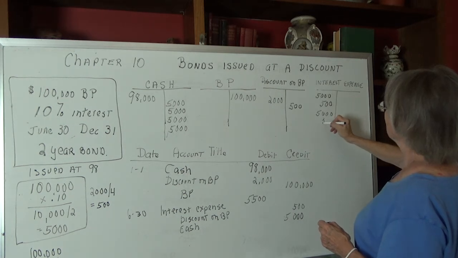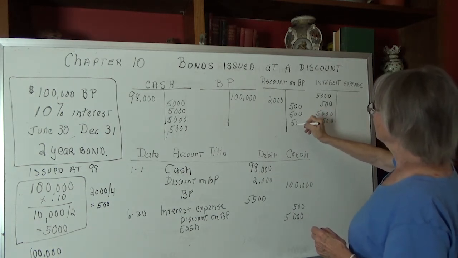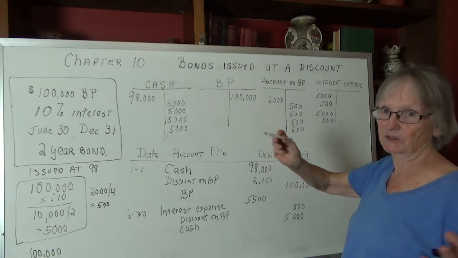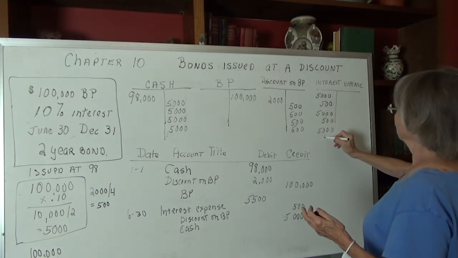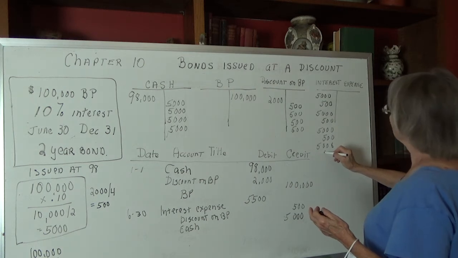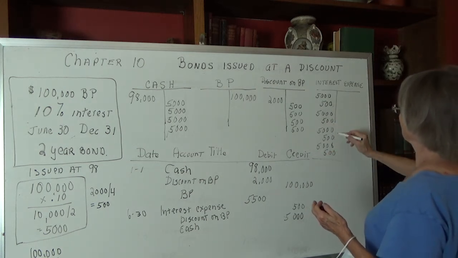We'd have the interest payment, plus we'd be amortizing some of the discount each time over the life of the bond. You see why a 2-year bond is nice here instead of a 10-year bond? And I have room to do this part. Did I do too many? 1, 2, 3, no, perfect, okay.